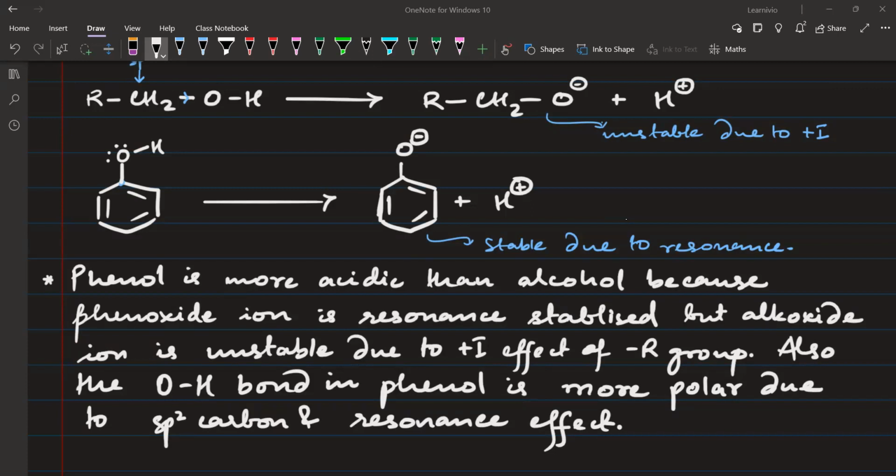Third reason, alkyl ion is unstable due to plus I group. Another reason, the OH bond is more polar in phenol. फिर ऑप्शन में दिया उन्होंने only one is correct, only two is correct, 1, 2 is correct, इस तरह से. So for those cases, I have written this down.